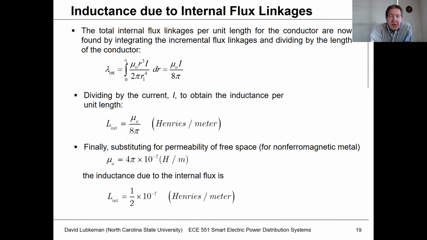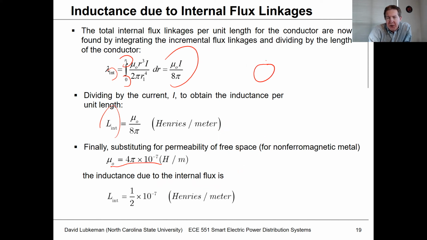We can talk about an internal flux linkage, and we won't get into the details, but it turns out that if you integrate this expression for the flux as a function of position from the very center of the wire from 0 to R1, you get a total flux linkage given by mu naught times the current divided by 8 pi. If you divide through by the current, you get the inductance, and this internal inductance is mu naught divided by 8 pi. Mu naught is what we call the permeability of free space, and mu naught is 4 pi times 10 to the minus 7.